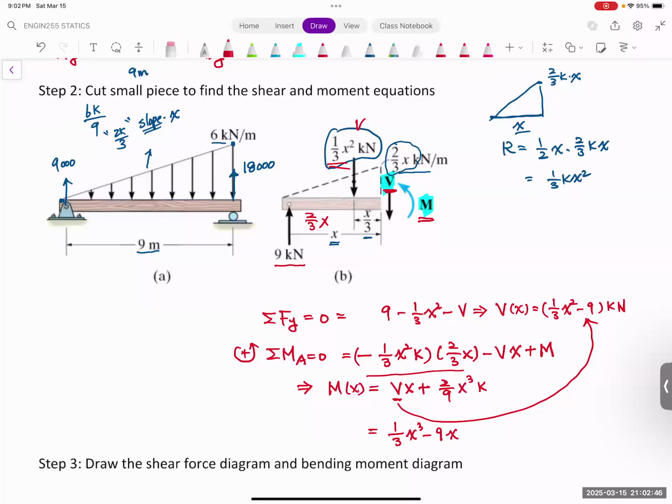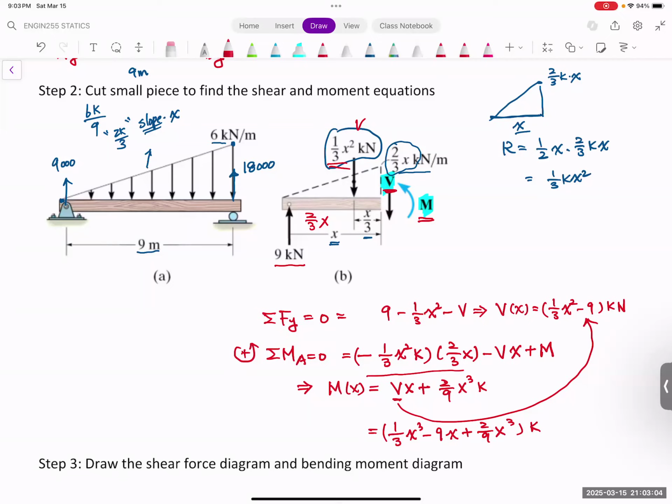And you're going to plus 2 over 9x cubed. And this is all in thousand. I should have put 1,000 at the end, so there's no confusion.